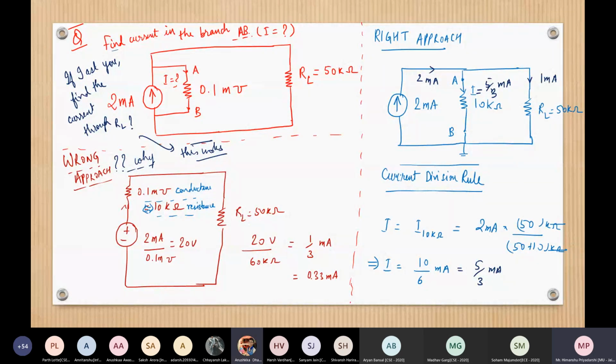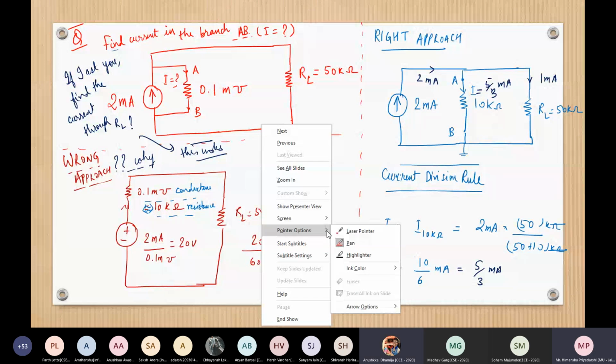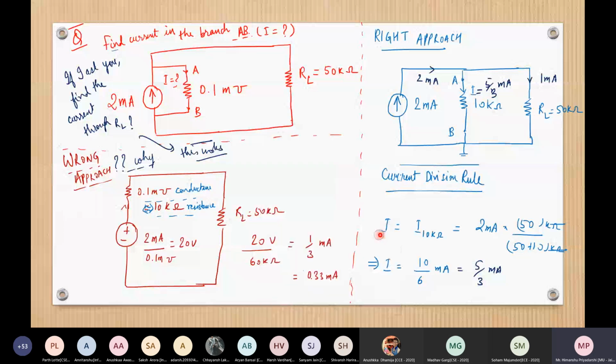The second approach can work for this question because we found voltage, but in parallel the voltage is the same in both the branches. Exactly. What's your name, my dear student? Anushka. Very good. She has targeted the root of the problem actually. Very, very good.